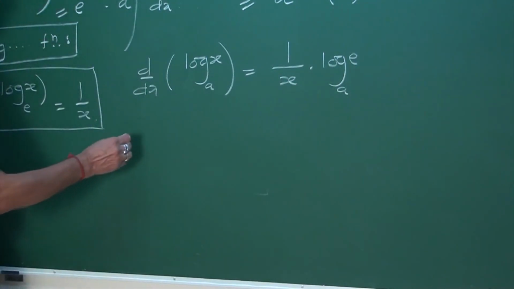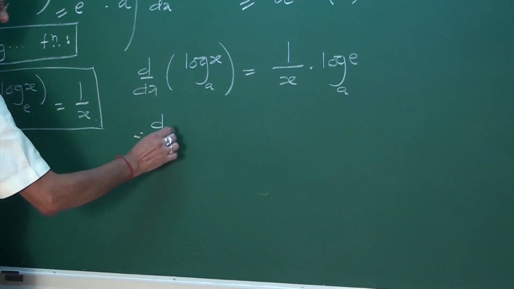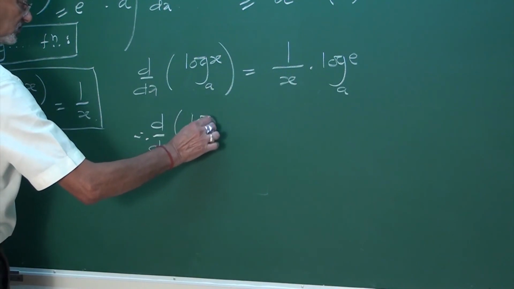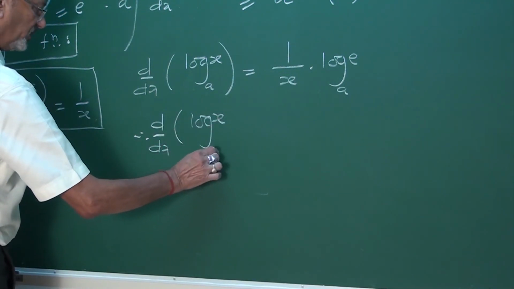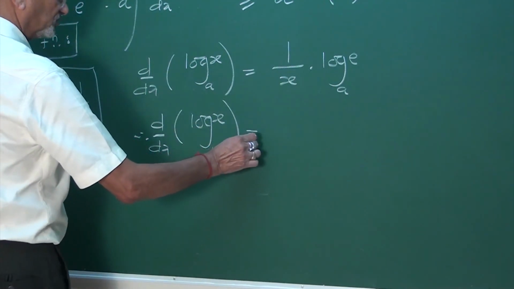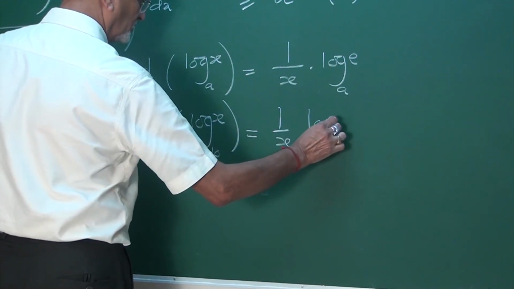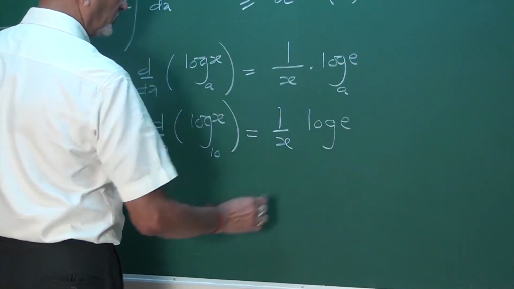Therefore, the derivative of log x to the base 10, other than e, what is it? This is 1 by x into log e, e is fixed, my friend.